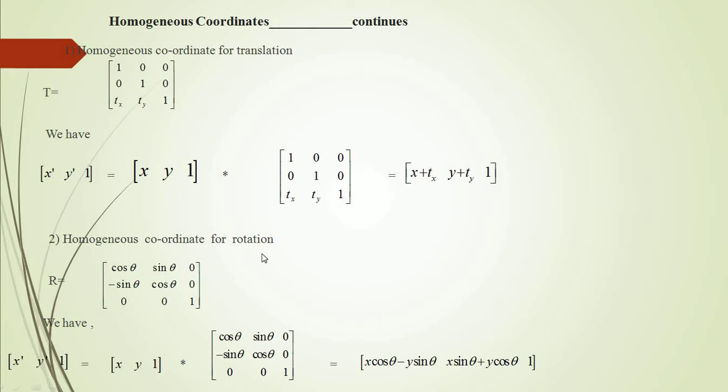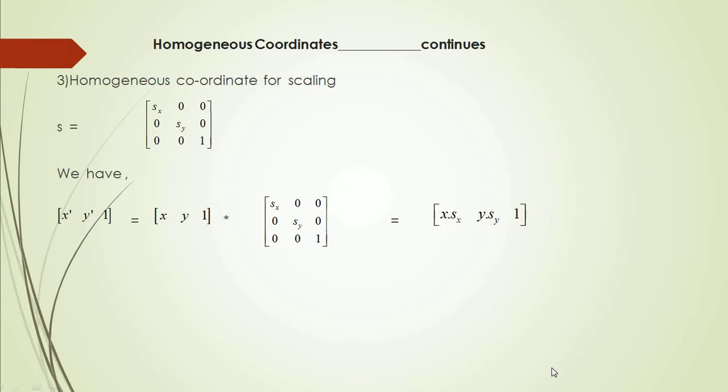Then for rotation, we use cos theta, sin theta, minus sin theta, cos theta, and the resultant matrix is x cos theta minus y sin theta, x sin theta plus y cos theta, and 1. For scaling, we use the scaling factors and get the resultant matrix x into sx, y into sy, and 1.